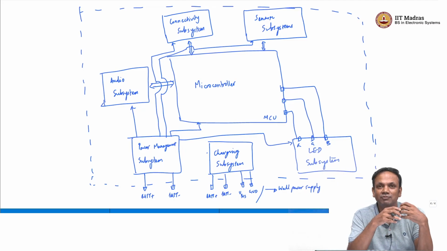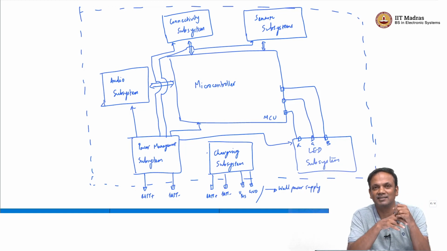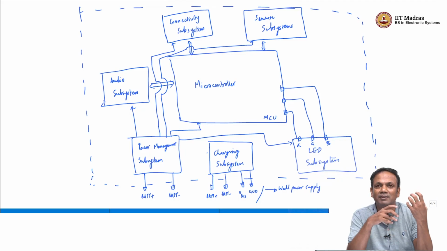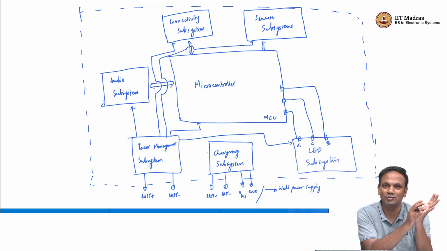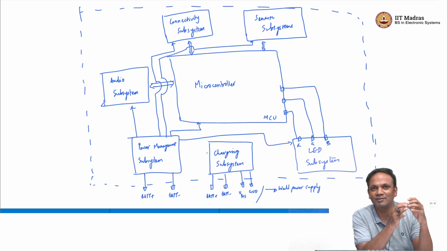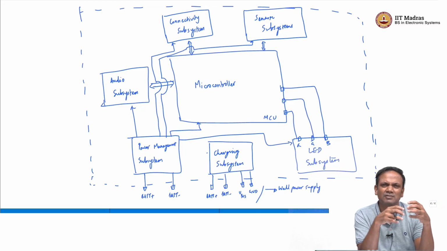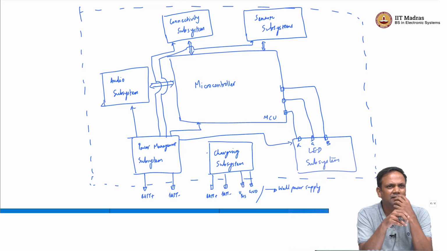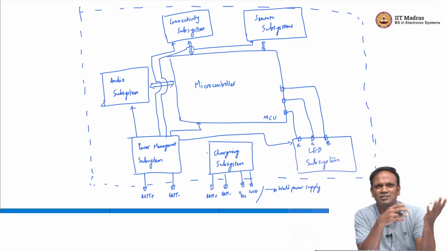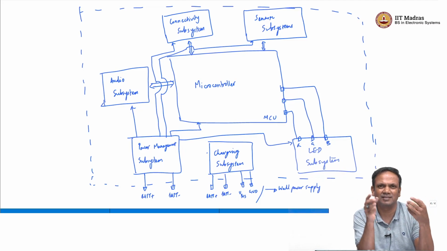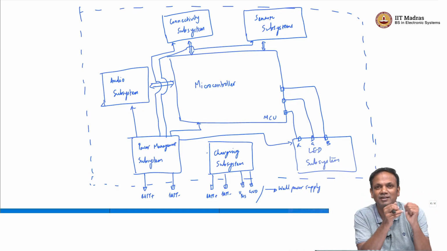So, it is important for the engineer who is putting the system together, who is architecting the system, to start to make some judicious choices with respect to, okay, what am I going to build, what am I going to use, how do I validate that what I am using is the right thing to use, right? Because the end consumer really is not worried about whether I use this chip or that chip or some other chip.